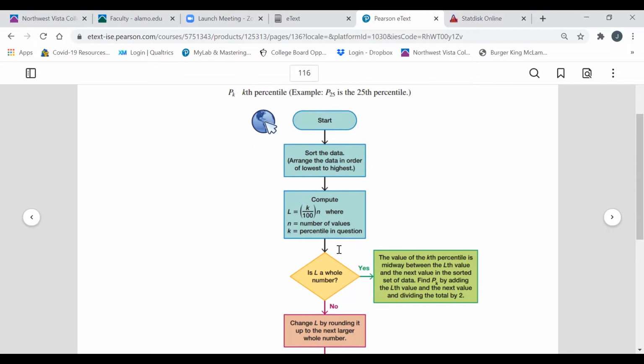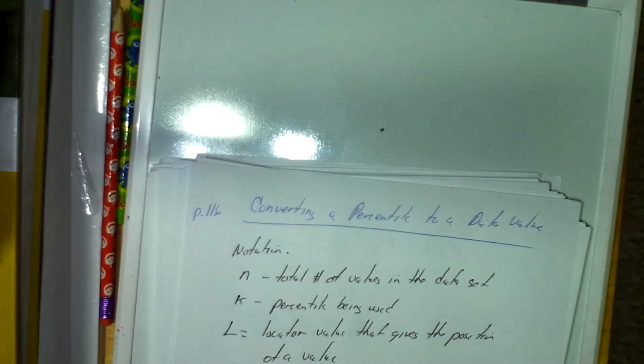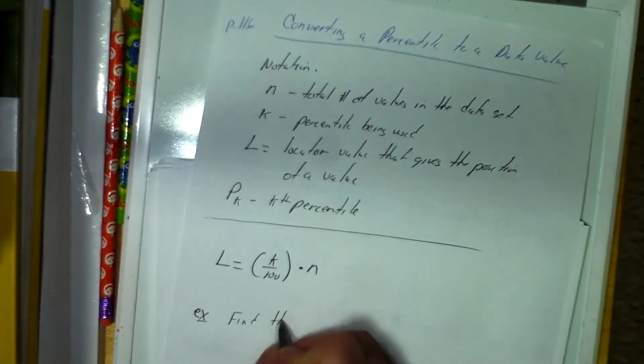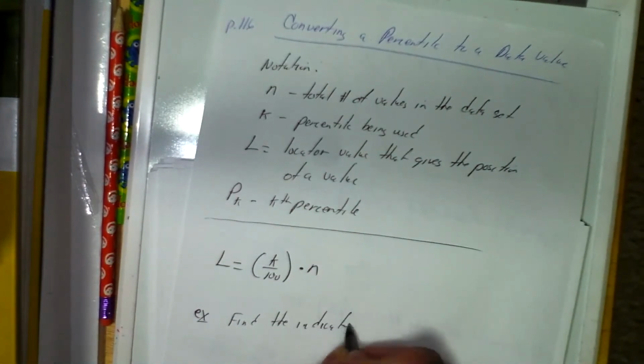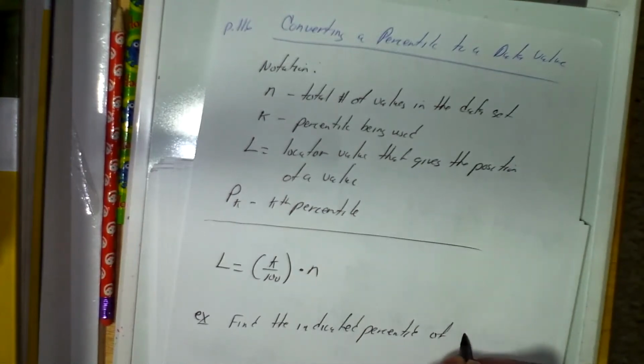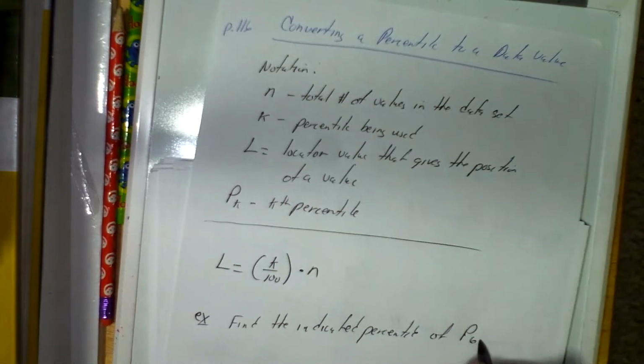So, for example, let me show you an example. It'll say, find the indicated percentile of P62.